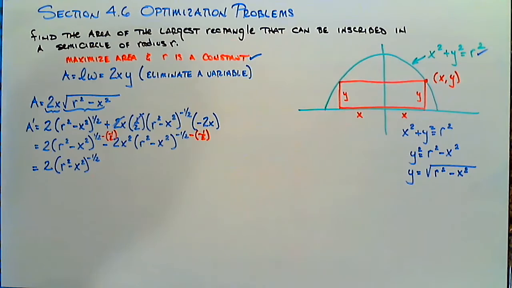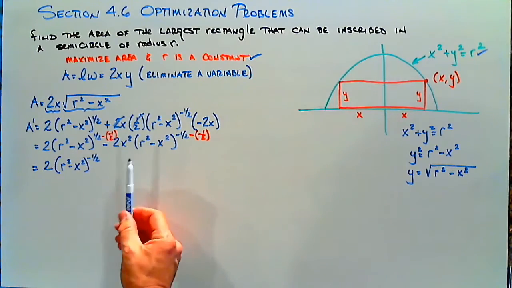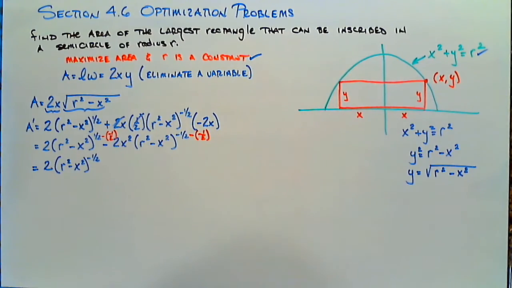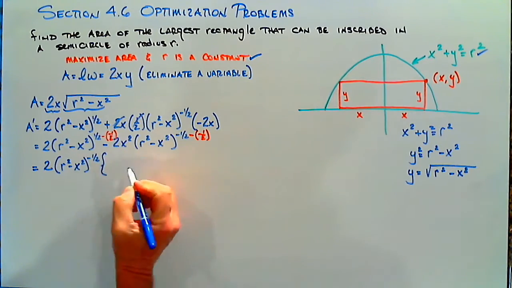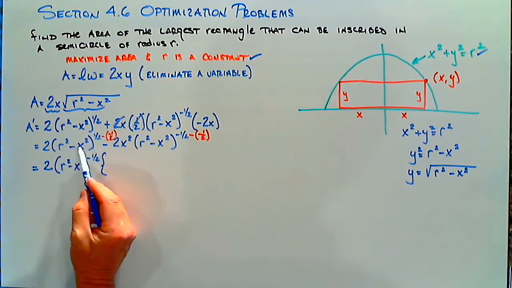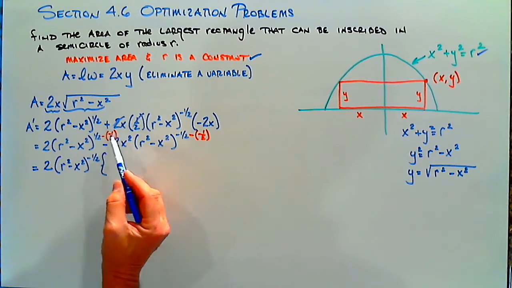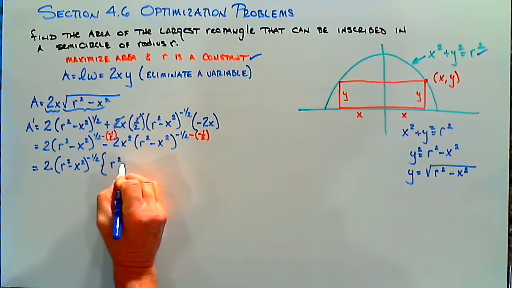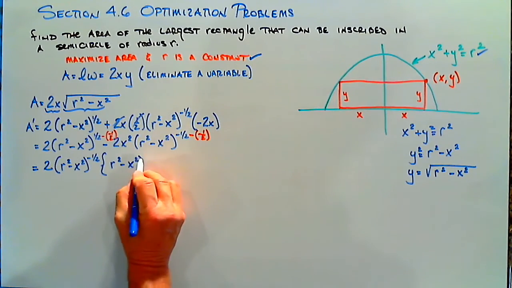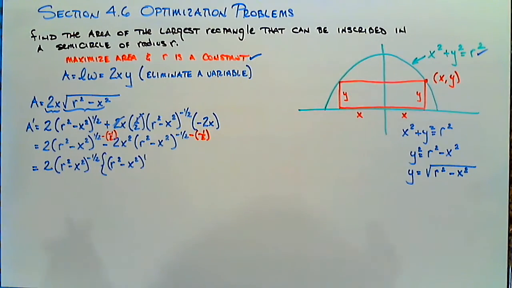A lot of us struggle when we factor negative exponents, but if we would just write this step down, like I did right here, you almost always get them correct. So what do we have left? Well, we've taken out the 2. We took out an r squared minus x squared to the minus 1/2. So we have 1/2 minus minus 1/2. That gives us an r squared minus an x squared to the first power. Half minus minus 1/2, that's 1.